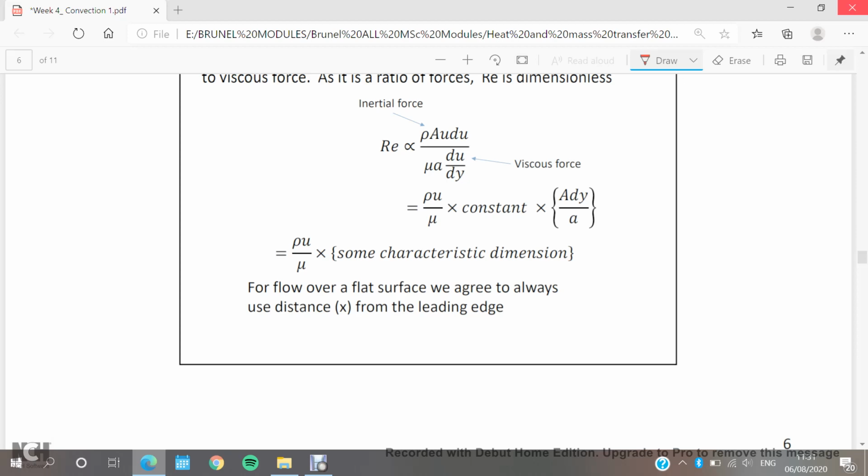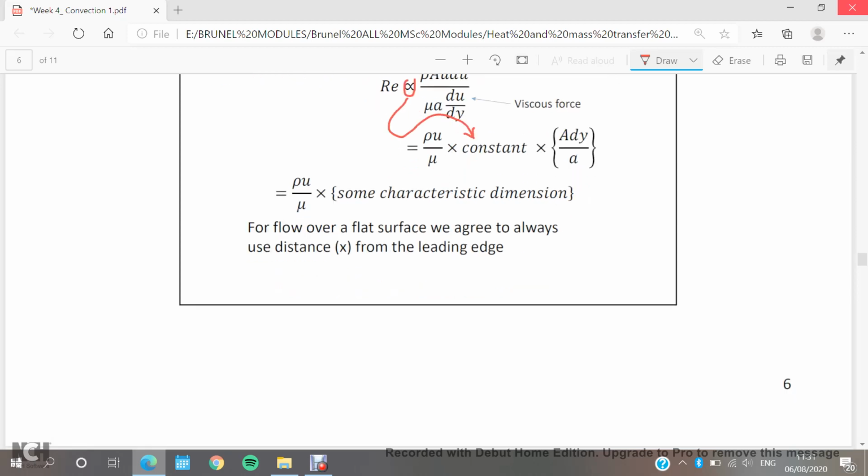So we can write down the Reynolds number as rho u over mu, which is the density times the free stream velocity divided by the viscosity, and we can remove this sign and put a constant instead times a dy divided by a. Okay, we can put instead of these two terms the constant, which we don't know, times a dy by a.